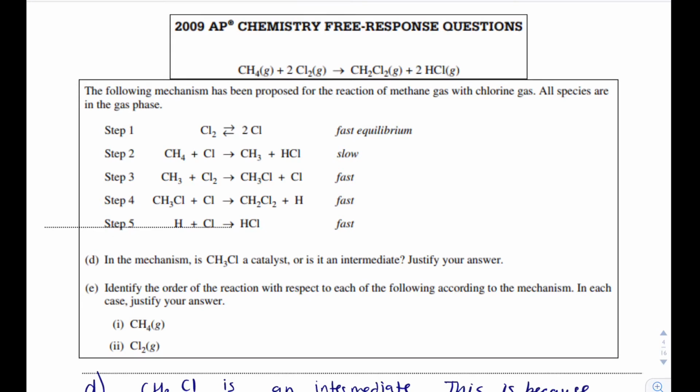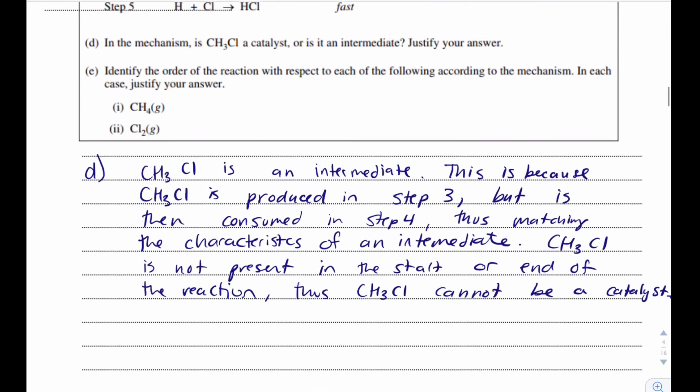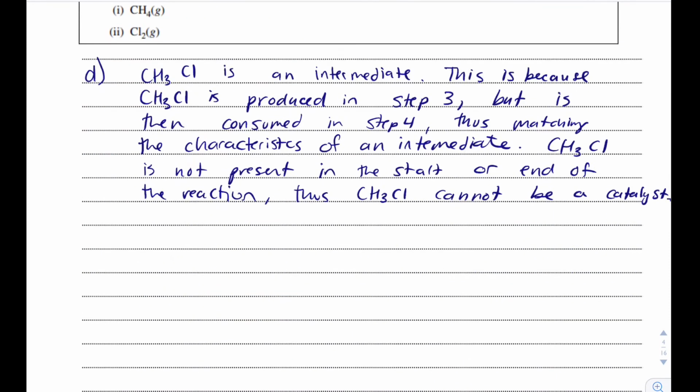And the rate determining step is fancy language for the slow step. So what I want to do is I have elementary reactions here for my mechanism. And when that happens, you can say that the coefficients in an elementary reaction are going to be equal to the orders. So I'm going to write the rate law for step 2 because that is the slow step, and I'm going to see how far that gets us.